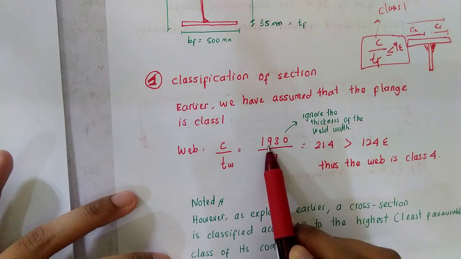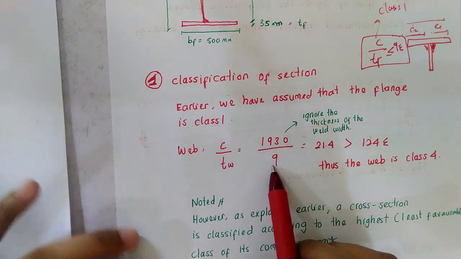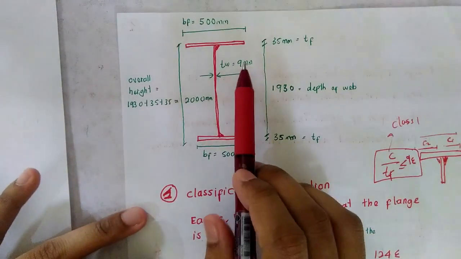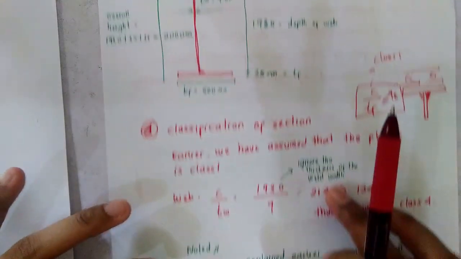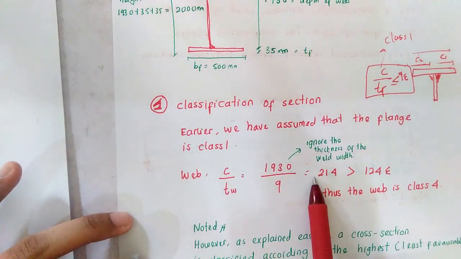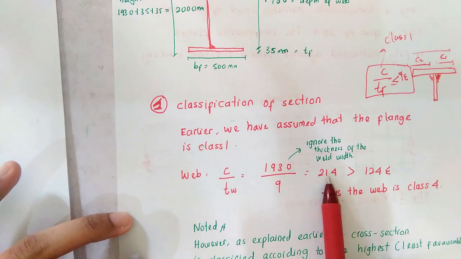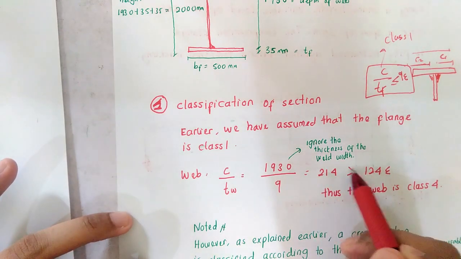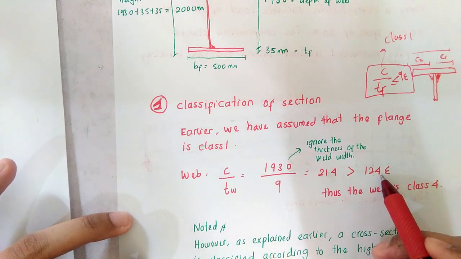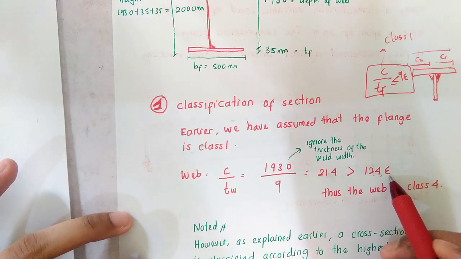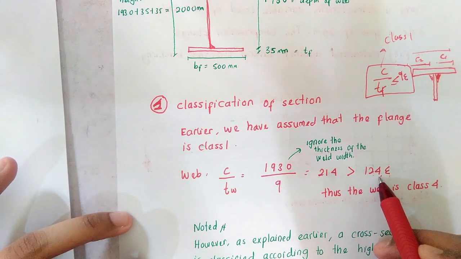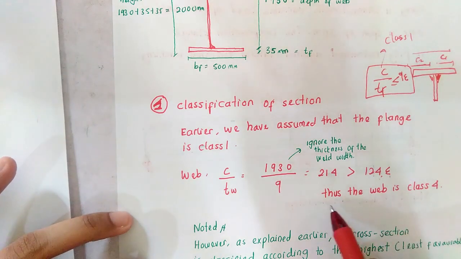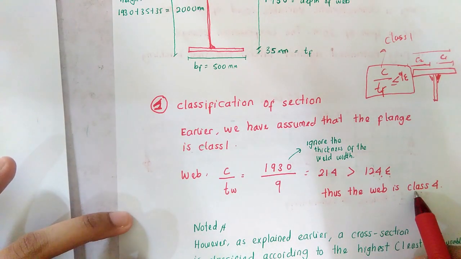So we get 1930 divided by 9, which is the thickness of the web. So here you get 214. 214 is larger than 124 epsilon. When it is larger than 124 epsilon, you can see in the table, it is classified as class 4.